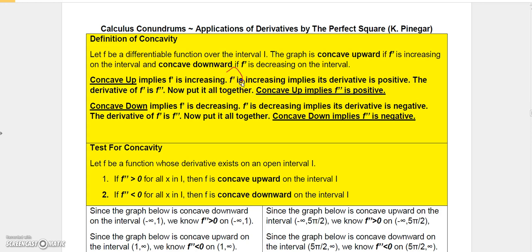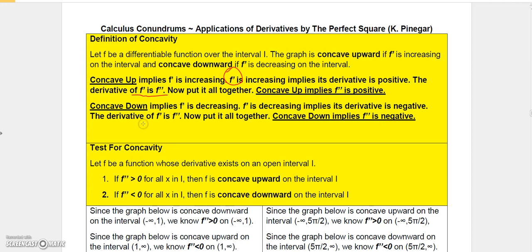I'm talking about the derivative of the first derivative. That would be the second derivative. So the second derivative would be positive. So, long story short, concave up means that the second derivative is positive. Likewise, concave down means that the second derivative is negative.